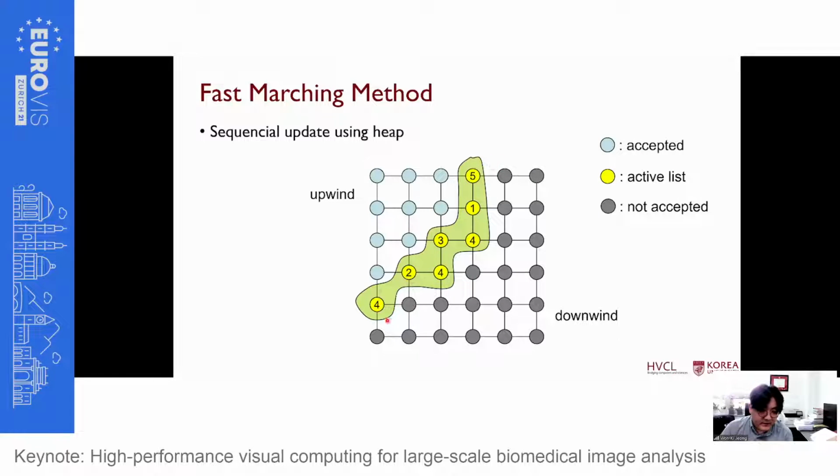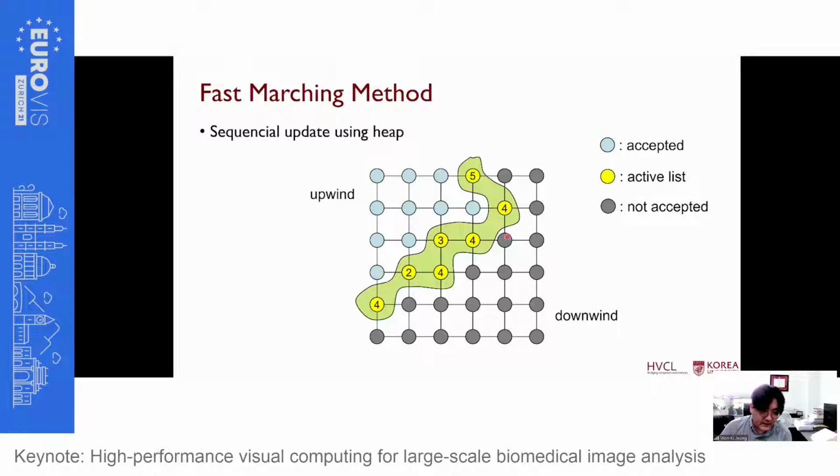And the rest of the region, marked in gray, is not accepted or not visited yet. So we have these three different regions, and the fast marching method, which is basically the same as the Dijkstra algorithm, updates one point at a time. For example, here, this number shows the distance in this active list. So we pick the smallest distance among them and grow this active list outwards.